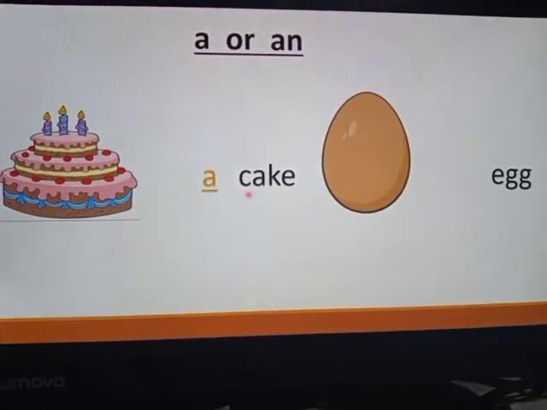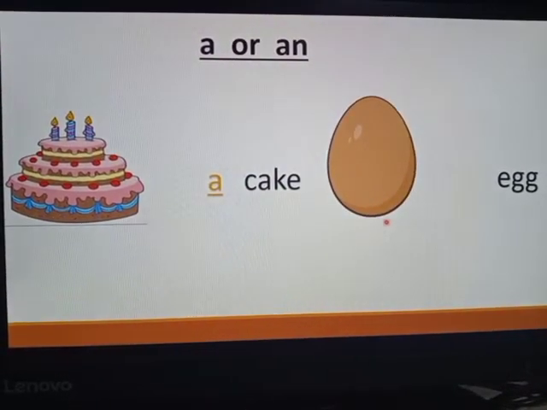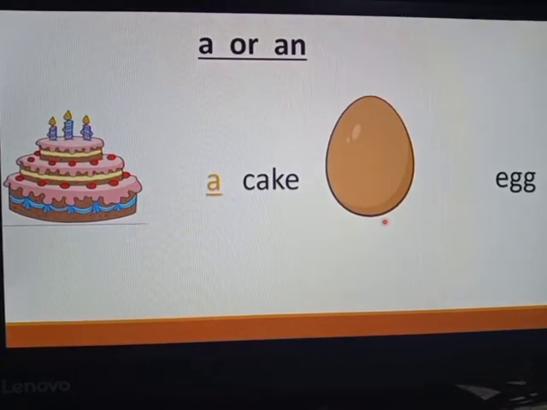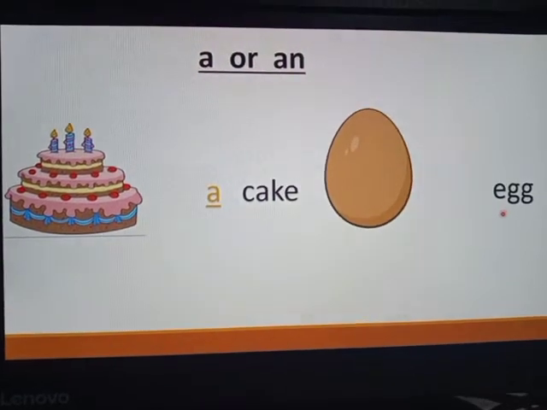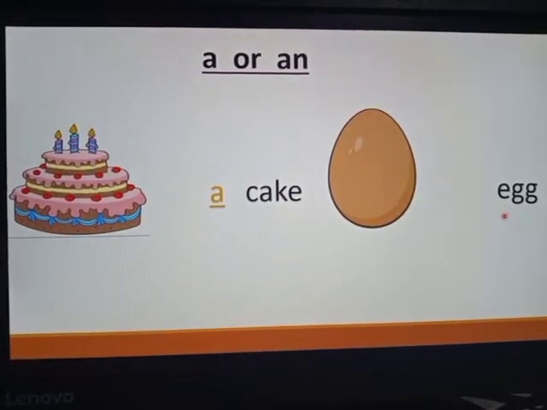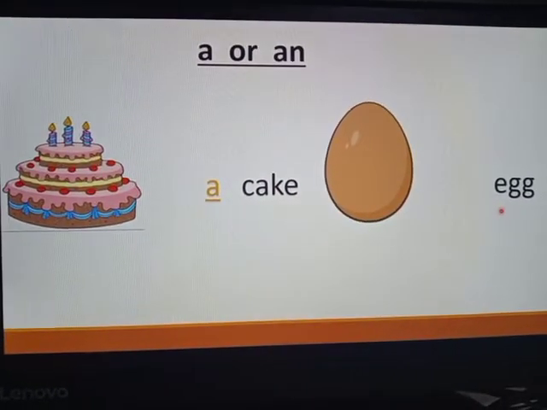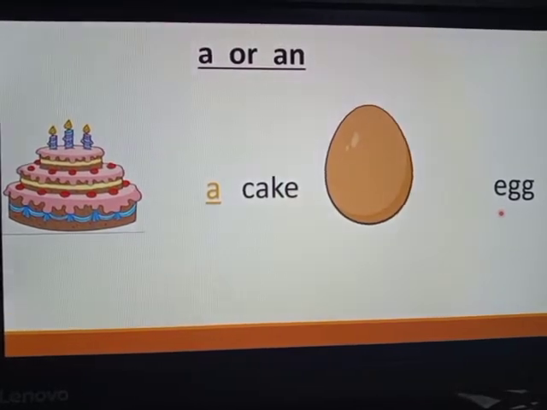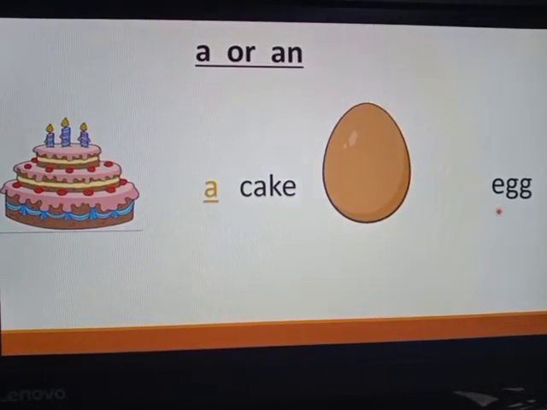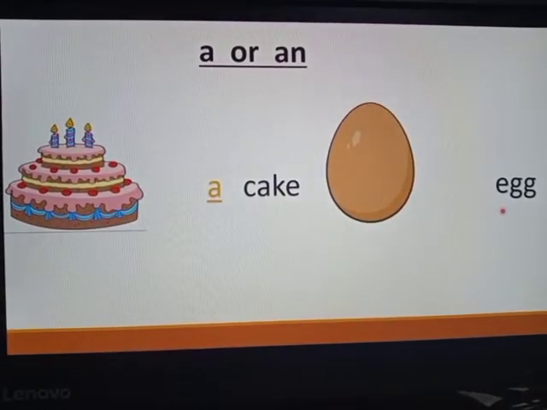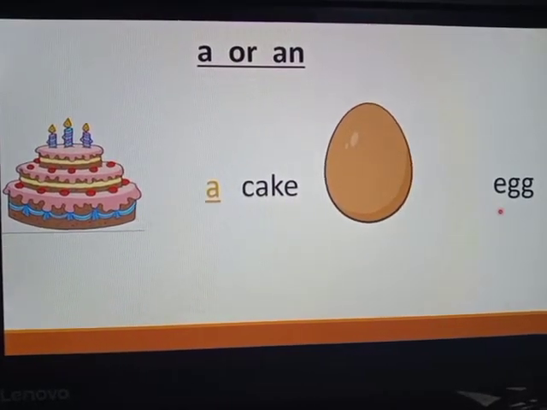Now see the second picture. What are you seeing in the second picture? What is this? Correct. It's an egg. We'll read the spelling of this word. E-G-G. Egg. Now tell me, what is the starting letter of this word? E. Correct. So, E is a vowel or consonant? Correct.